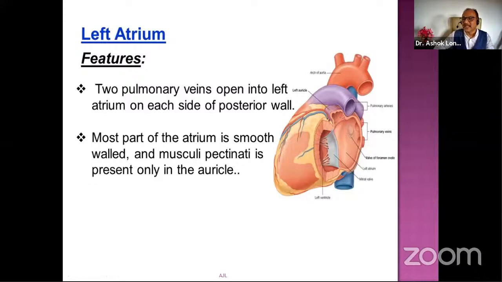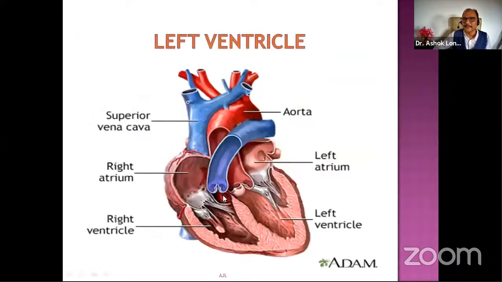This area actually works as a reservoir for the left atrium, because when the blood comes from the lungs, it accumulates for the time being till it enters into the left ventricle. So most of the atrium has a smooth wall, and musculi pectinati are present in the auricle.